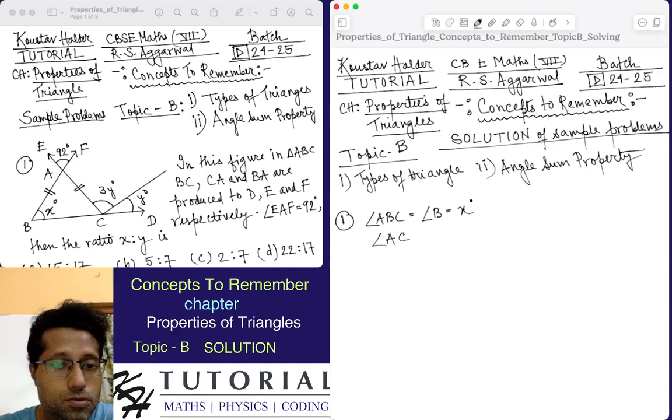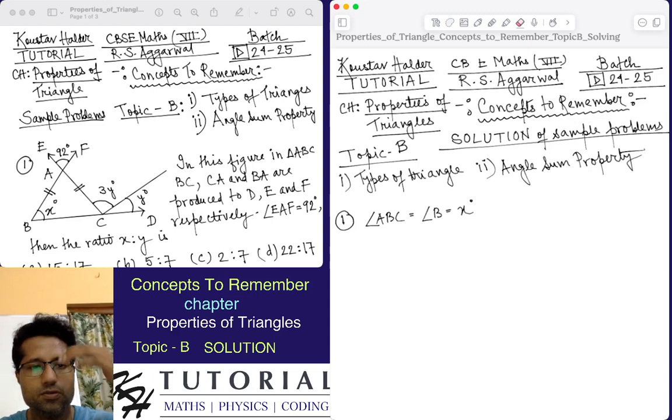Anyway, so we can see the triangle ABC, and BC is produced to D, BA is produced to F, and CA is produced to E. We have to find X and Y. Then only we can find the ratio X is to Y.